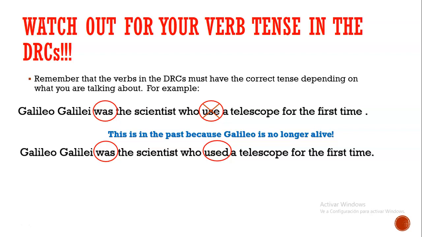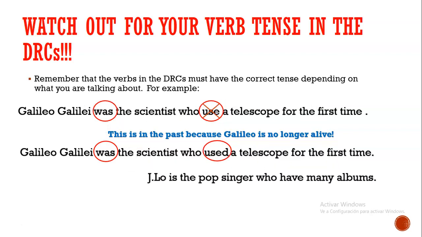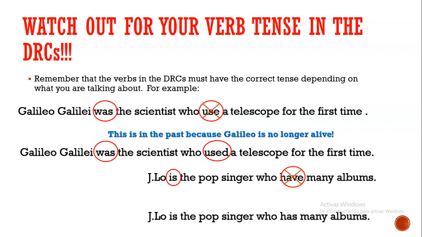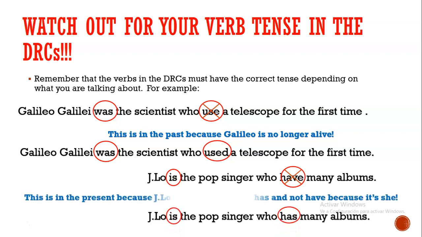Be careful with regular and irregular verbs. Let's look at another example. J-Lo is the pop singer who have many albums. The verbs are is and have, but have is incorrect for this sentence. The correct sentence would be J-Lo is the pop singer who has many albums. The verbs are is and has. This is in the present because J-Lo still sings.